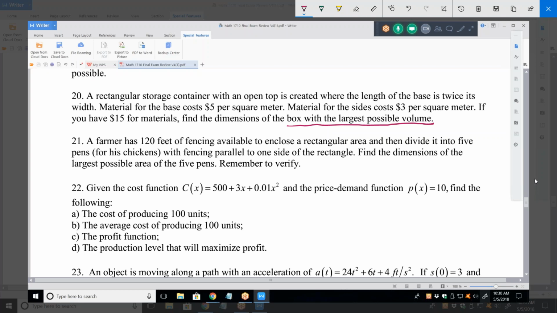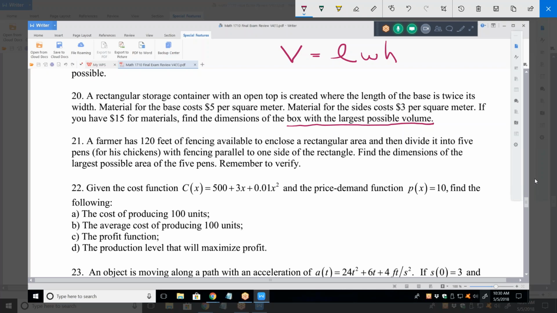We're looking for the box with the largest possible volume. What's the master equation for a box? Length times width times height. Volume equals length times width times height. Okay.